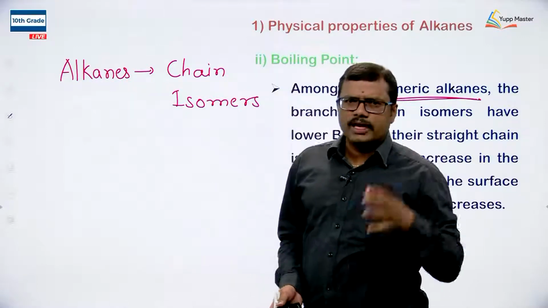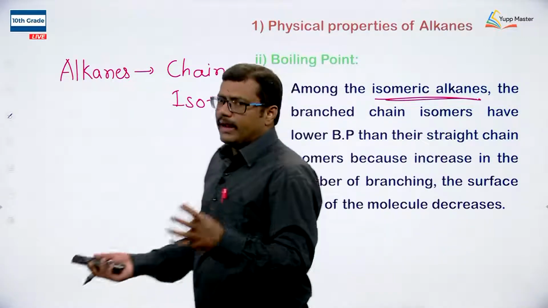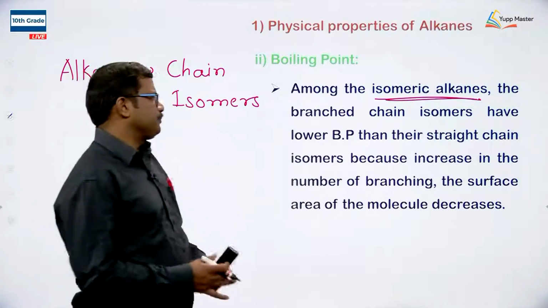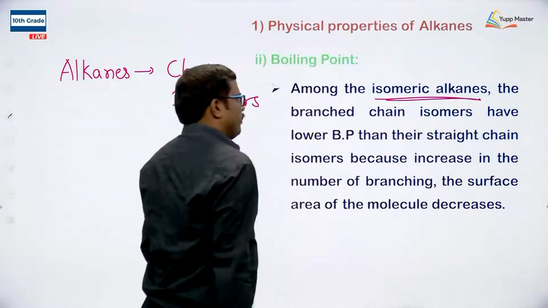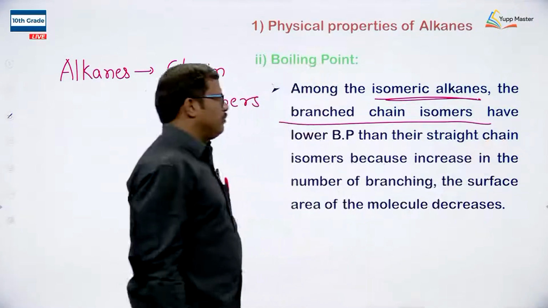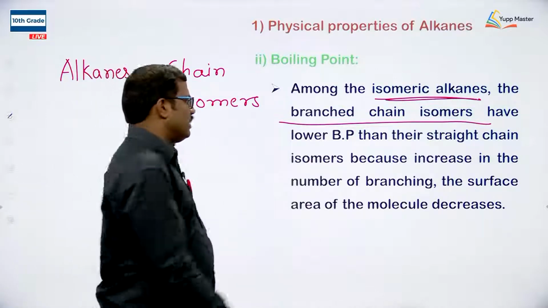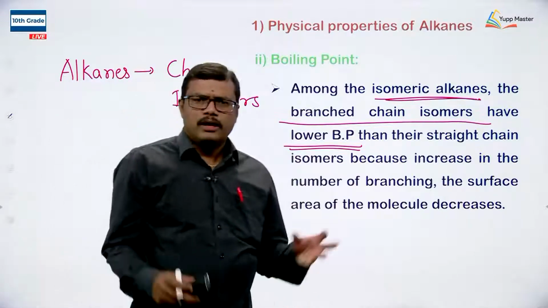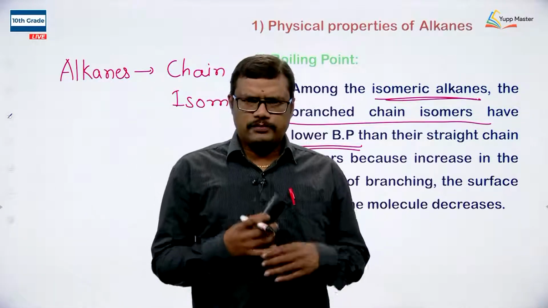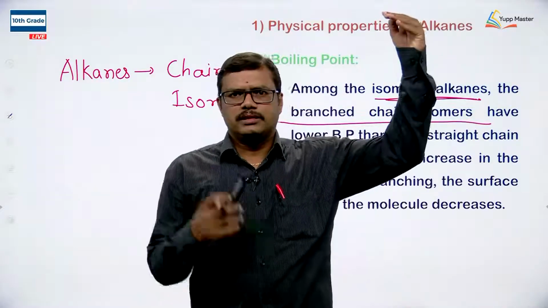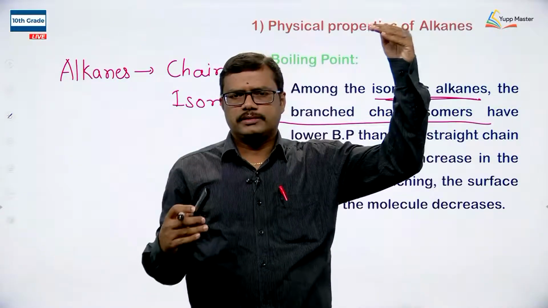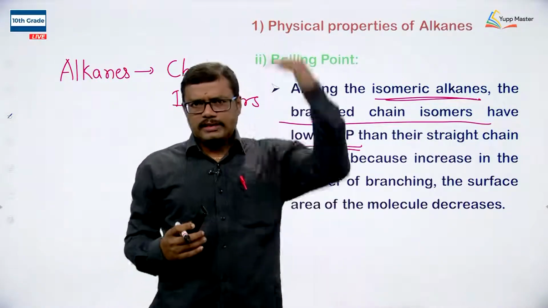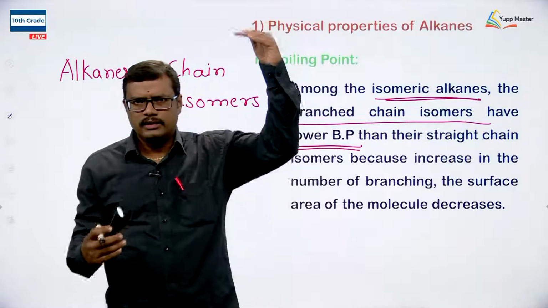When you compare the boiling points of the chain isomers of alkanes, one interesting thing is observed. As the branching increases, the branched chain isomers generally have lower boiling points. In other words, in isomeric alkanes, as the branching increases, the boiling point decreases. Branching and boiling point are inversely related.